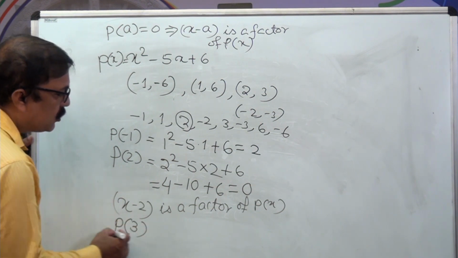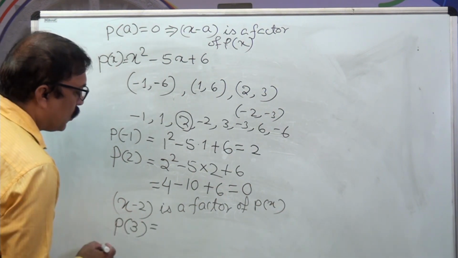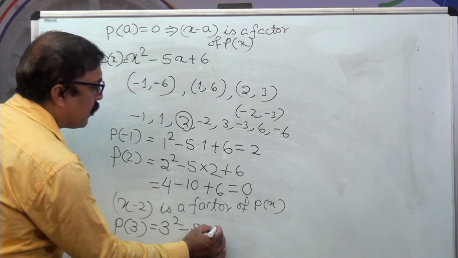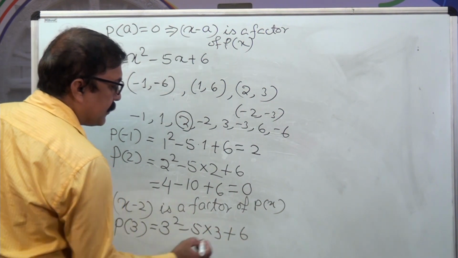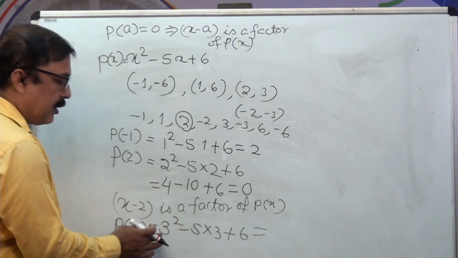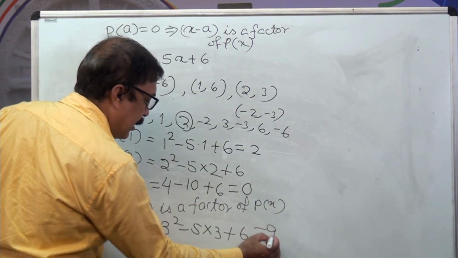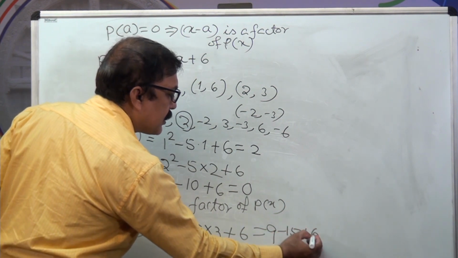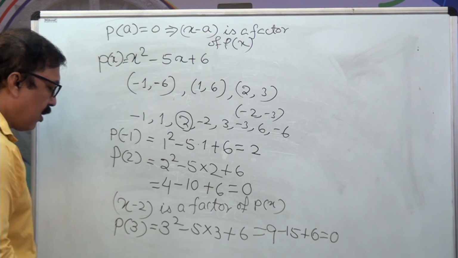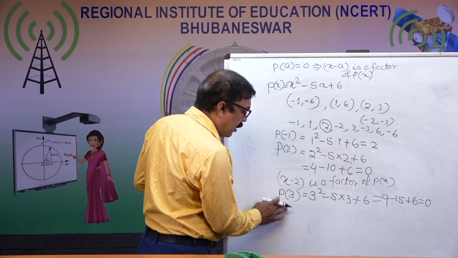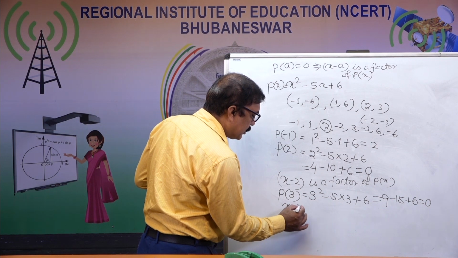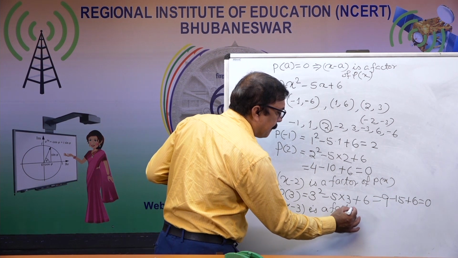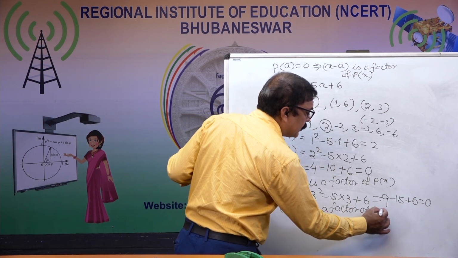So P(3) is equal to 3 square minus 5 into 3 plus 6. This gives 3 square gives 9 minus 15 plus 6. Obviously, this is 0. So, by factor theorem, x minus 3 is a factor of P(x).